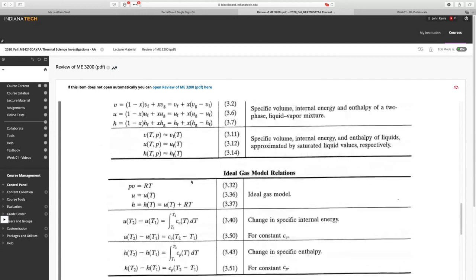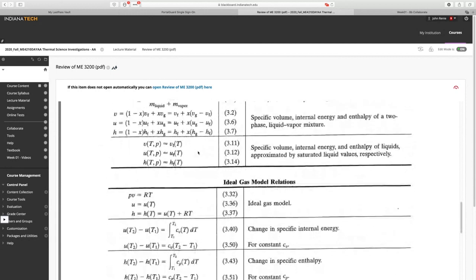One of the things that we discovered when we started looking at these properties for the liquid and the vapor phase is that the liquid properties did not have a strong pressure dependency.